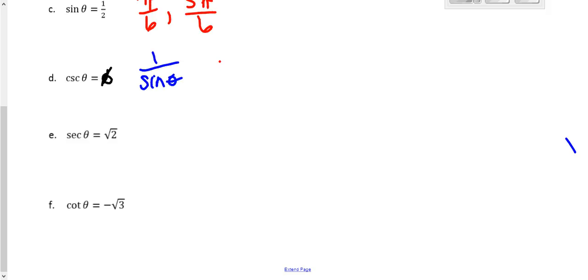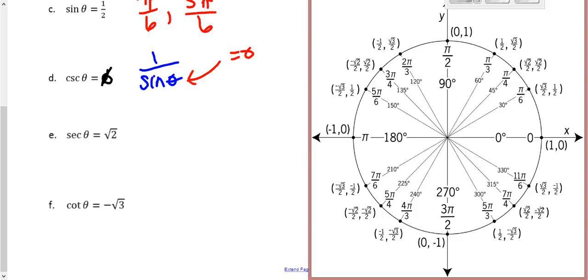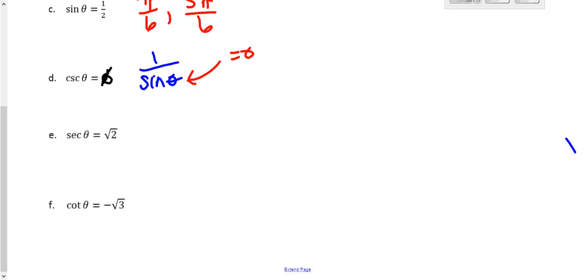So this would be undefined wherever sine is equal to 0. So when we pull up our unit circle, sine is equal to 0 at 0, pi, and don't forget the 2 pi measurement, because we're looking from 0 to 2 pi, so we go all the way up there. So we actually have 3 answers here. We have 0, pi, and 2 pi.